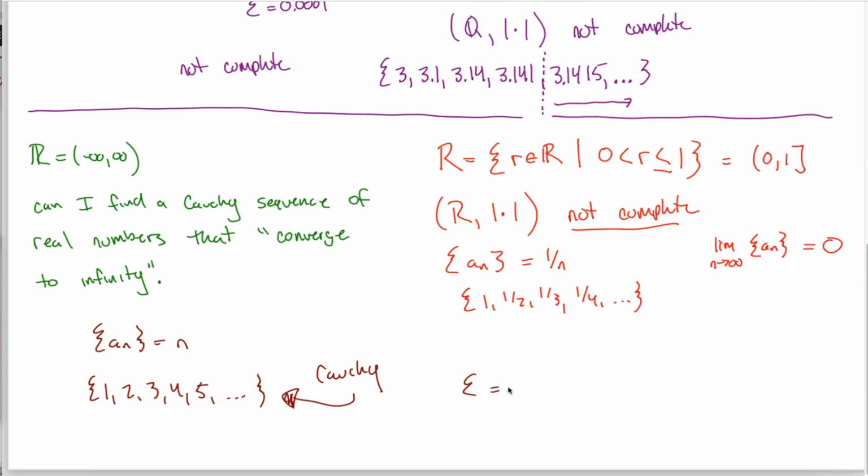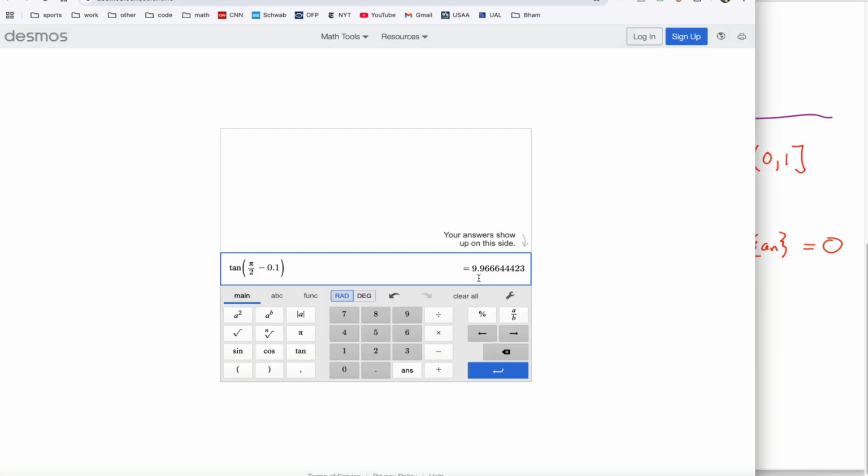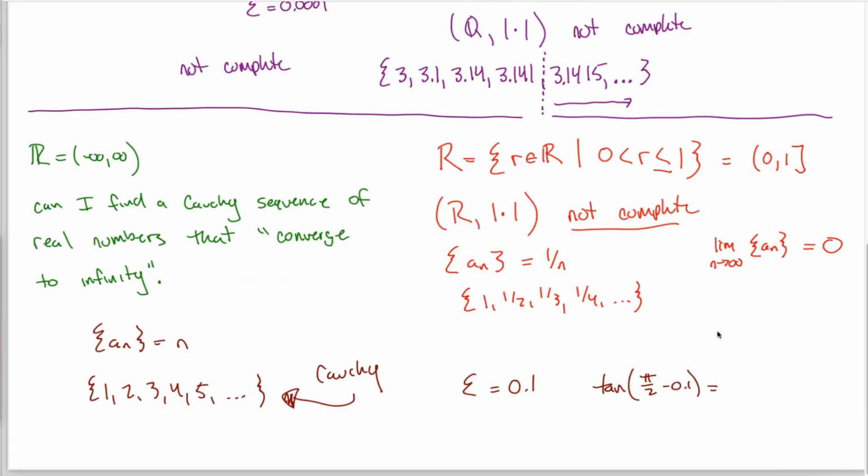Right? If you choose epsilon to be equal to 0.1, for example, all I'd have to do is figure out what is the tangent of pi over 2 minus 0.1. Pulling out my calculator, it looks like that's a little bit less than 10. What that means is that the arctangent of 10 is roughly pi over 2 minus 0.1. But the limit, as n approaches infinity, of arctangent of n is equal to pi over 2.